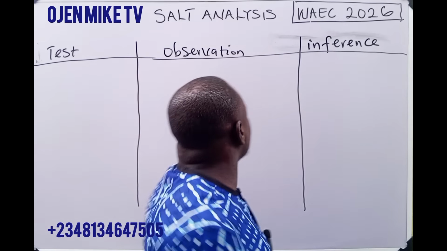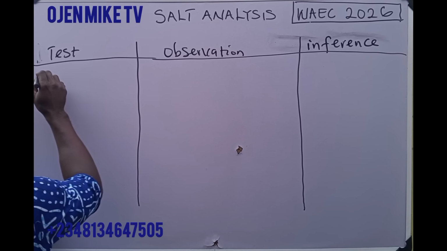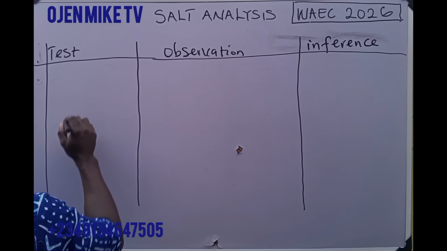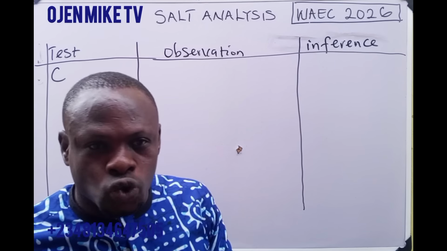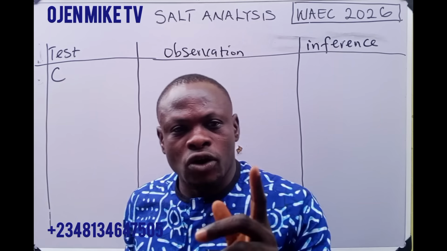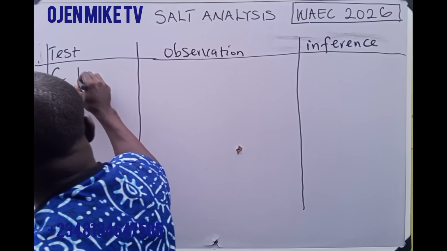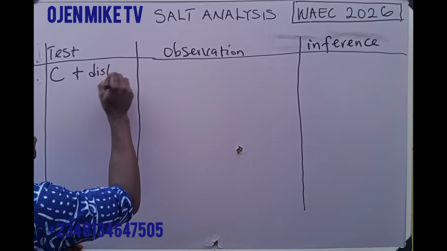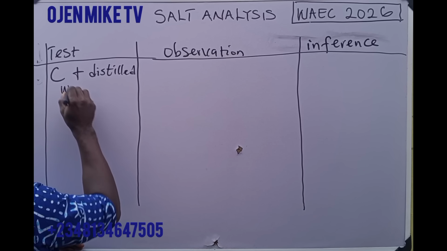So now we will title a mixture of that as C. Now the first thing you will be asked to do, you are going to dissolve that in water. So you say C plus distilled water.